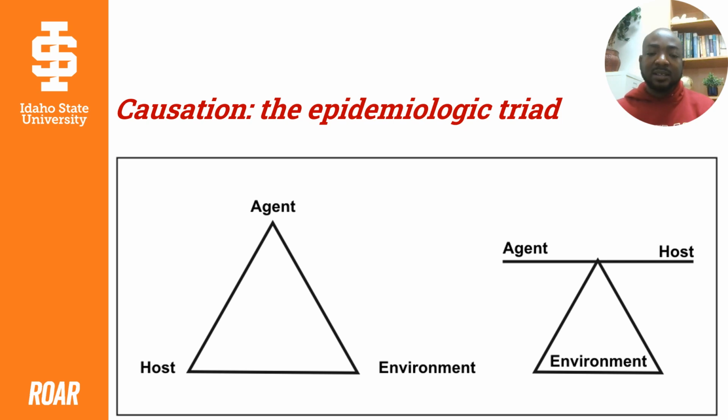And the host refers to the human who can get the disease. A variety of factors intrinsic to the host, sometimes called risk factors, can influence an individual's exposure, susceptibility, or response to a causative agent.